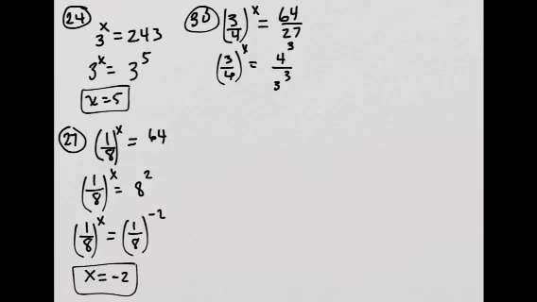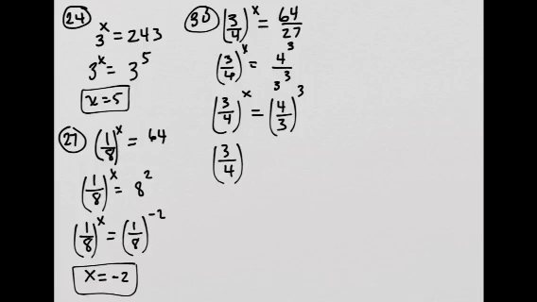And so I could change it to 3/4 to the x, and so this is 4/3. Since they're both cubed, I'm going to write like this. And so bases have to be the same so that you could equate the exponents. So I'm going to take reciprocal of the right side, negative 3. So x is negative 3.